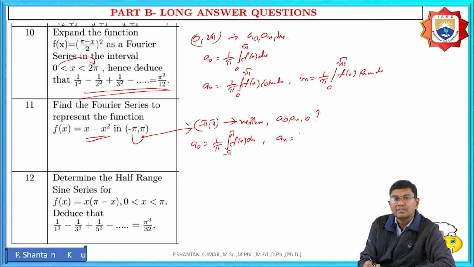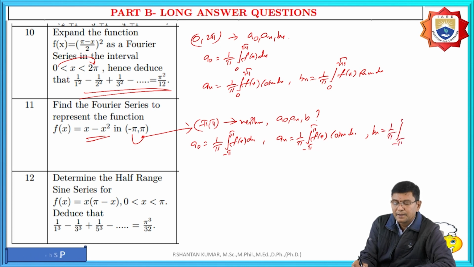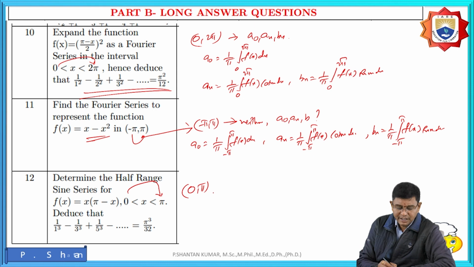And an is 1 by pi minus pi to pi f of x into cos nx dx, and bn is 1 by pi minus pi to pi f of x into sin nx dx. And next one is 0 to pi. For 0 to pi, the problem is given as a sine series.